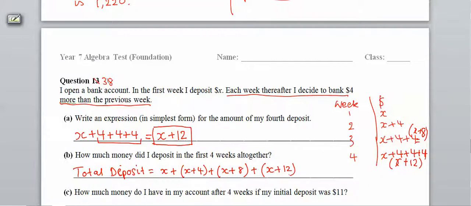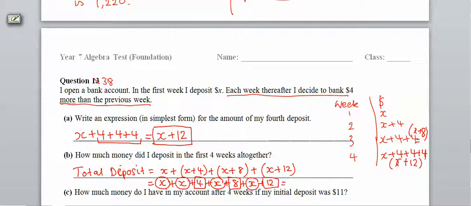Now, because there are no coefficients in front of the brackets, we can just remove all the brackets. So that can become X plus 4 plus X plus 8 plus X plus 12. Okay, now this can be simplified using like terms. So if we circle all the like terms, we've got X is a like term, X, X, X, and then we'll put a square around all the constants, which also can be simplified.